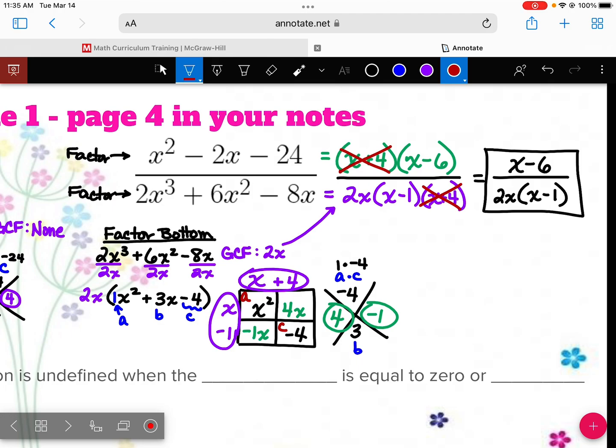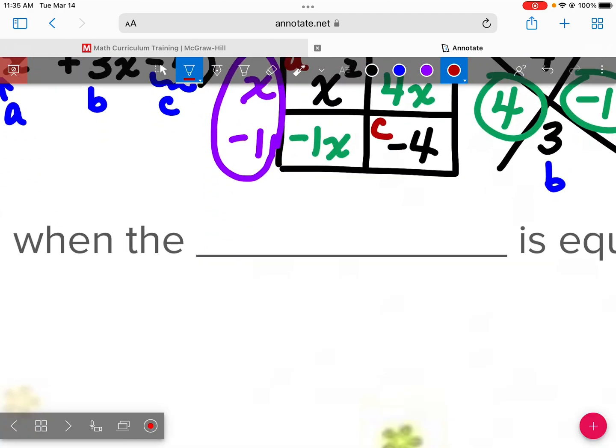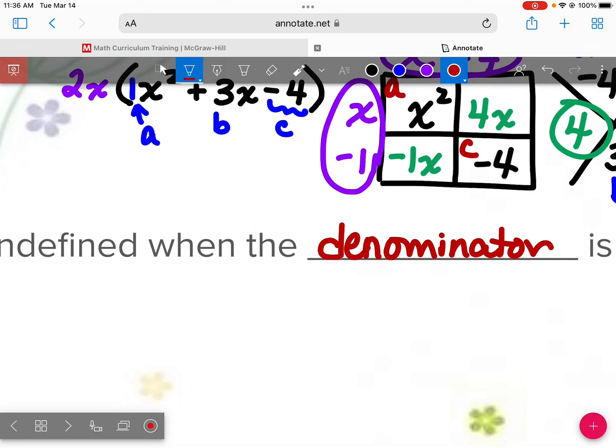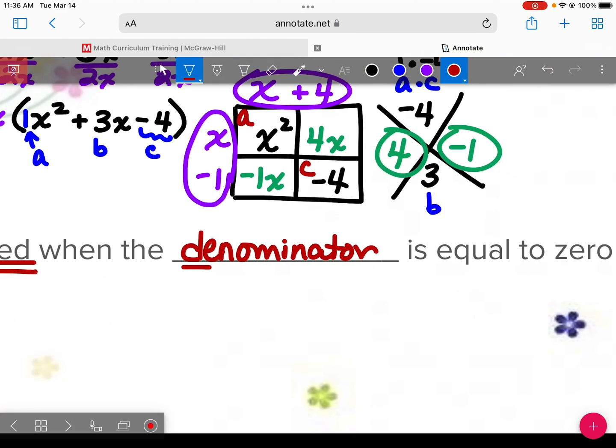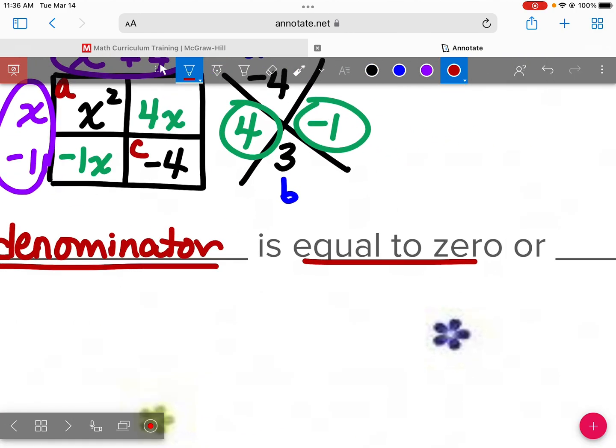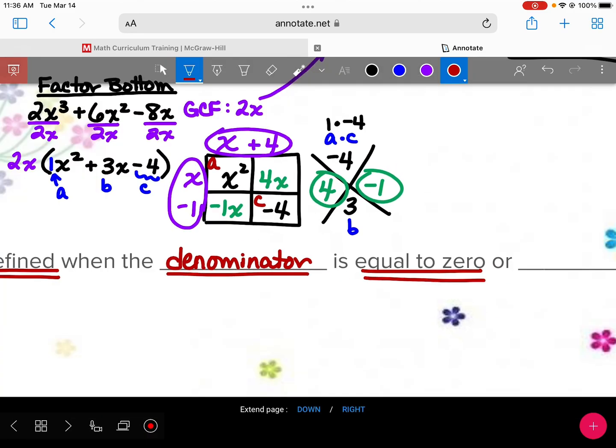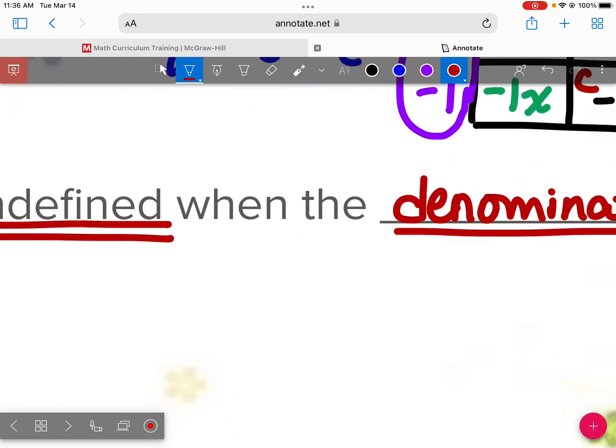What do we call the bottom of a fraction? The denominator. Down here on this line, denominator. The expression is undefined when the denominator is equal to 0.